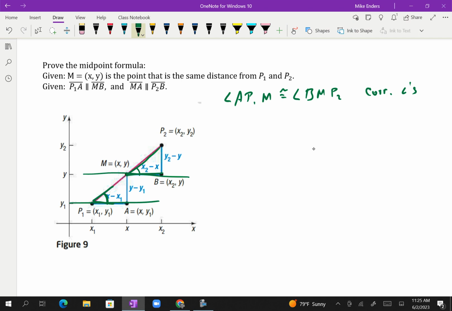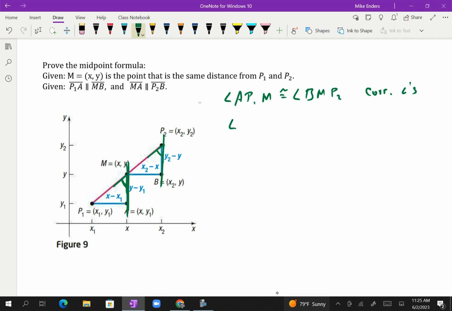Then we also have, let's see, what else can we come up with? Oh, we've got another set of parallel lines, right? So another set of parallel lines is this line and that line are parallel. That means that this angle here, P1, M, A, is going to be the same as M, P2, B. So those angles are going to match.